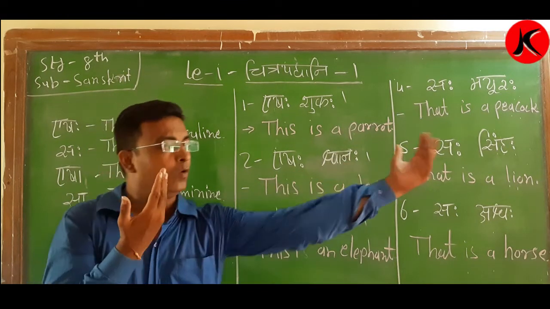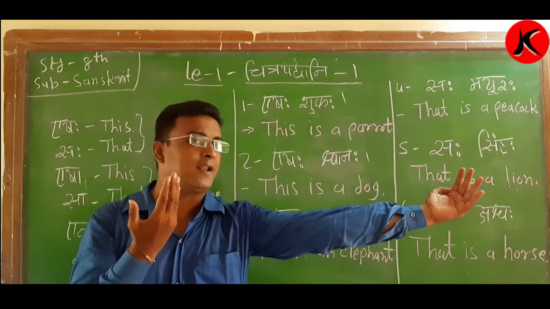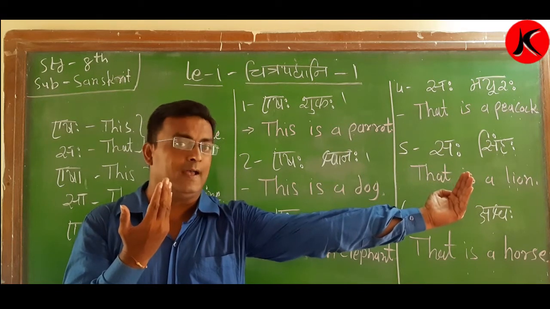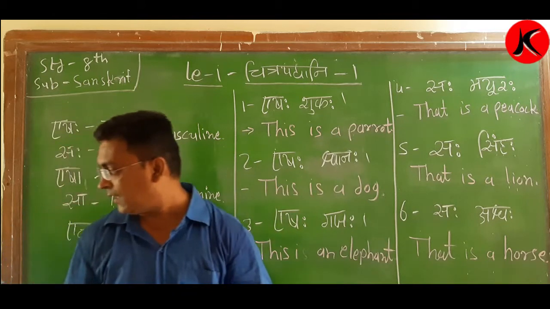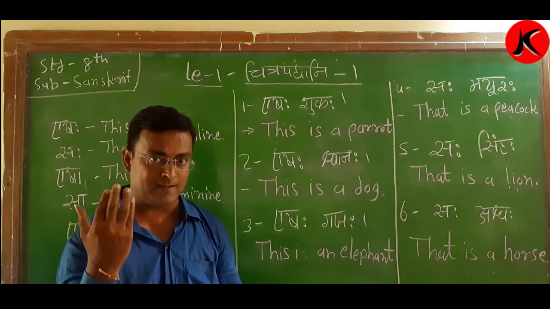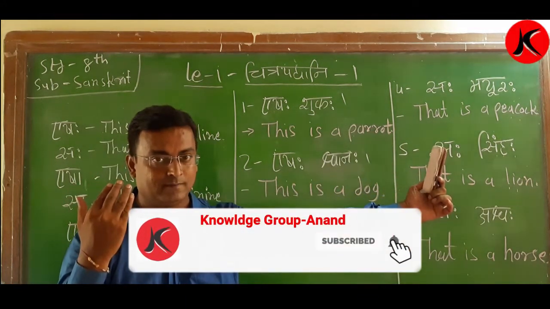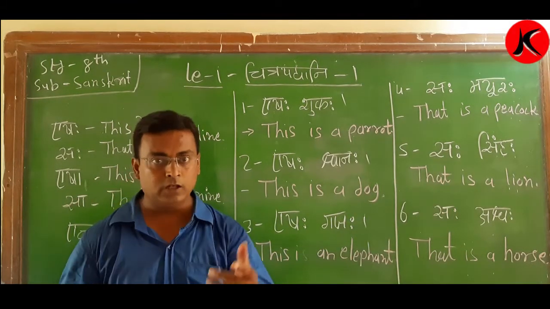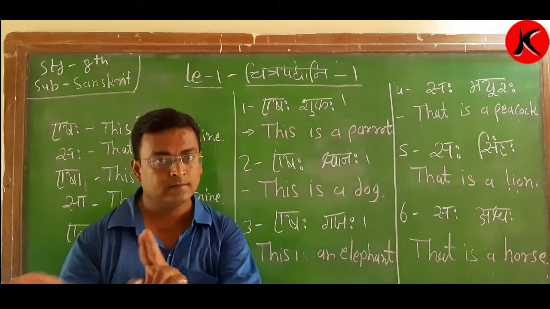Now my other hand is far away from my face, a little bit far away, so that is my hand. If we are taking any object, this is my hand and that is a duster in my hand. So that and this, we all know in English grammar also what is the difference between this and that.